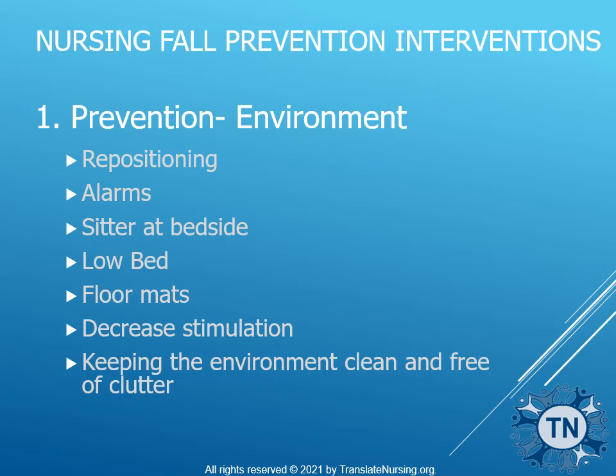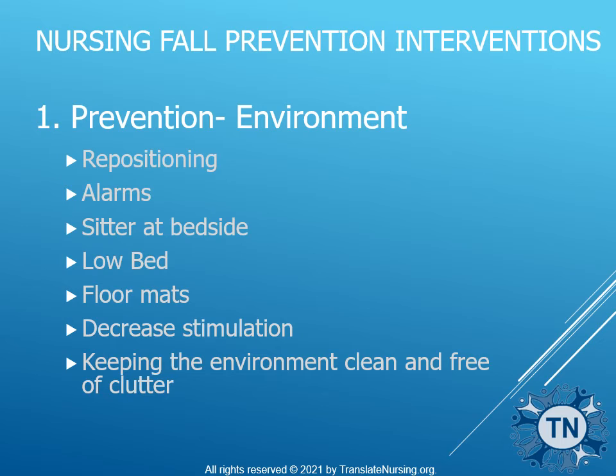It is very important to understand and implement interventions for the patients that are at high risk. I will briefly mention a few of the interventions in this presentation. Number one, prevention that is important includes the environment, and this can be done by repositioning the patient frequently. Sometimes we do use alarms, just to let the staff or the nurses know that the patient is getting up and maybe needs assistance, especially for those patients that are forgetful.